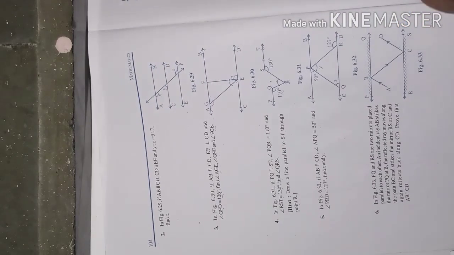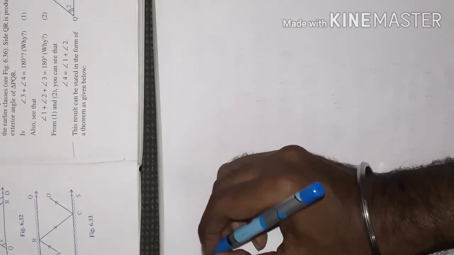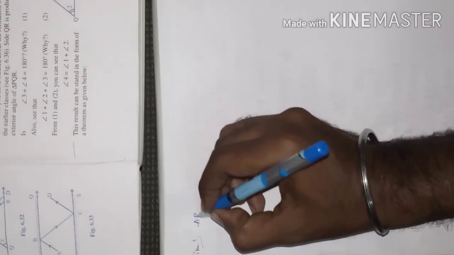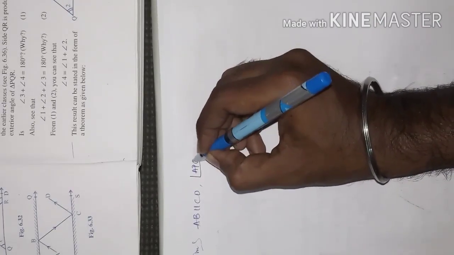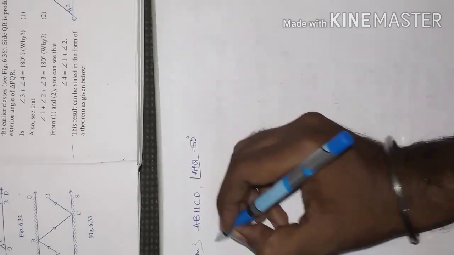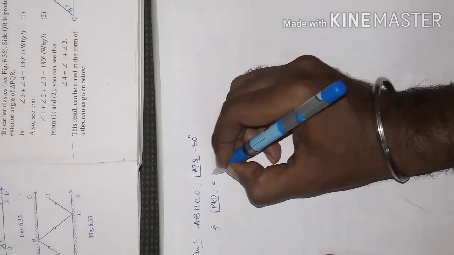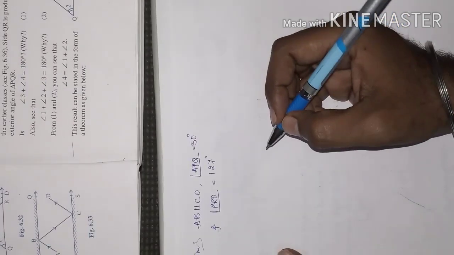Let me write the given part first. AB is parallel to CD and angle APQ is equal to 50 degrees and angle PRD is equal to 127 degrees.